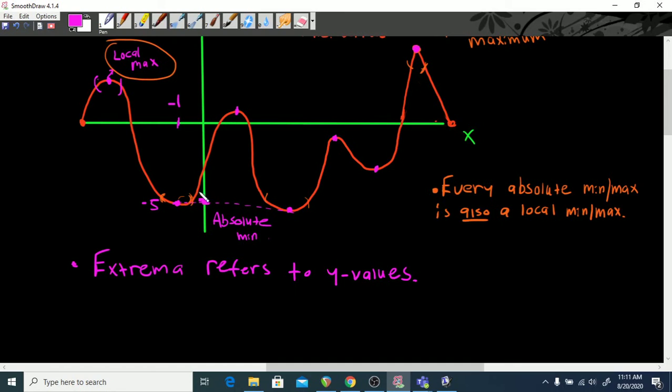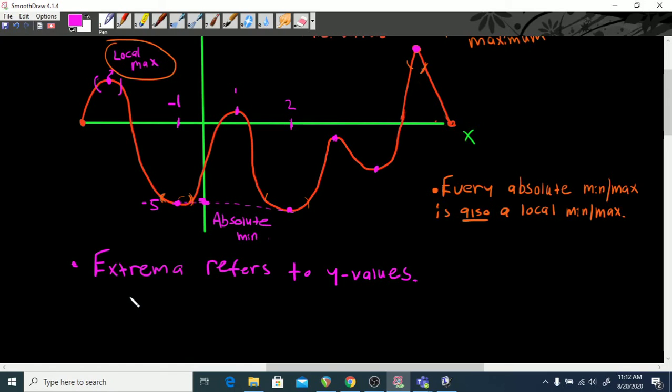And let's say that over here is x equal 1, and over here, let's keep it simple, let's say this is x equal 2. Okay? So when I was first learning this stuff, I would say that there's two different absolute mins, but there's not.